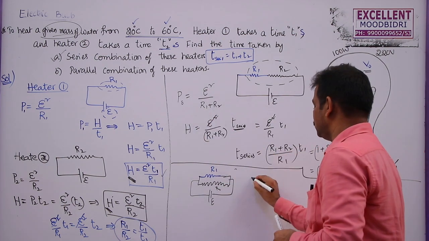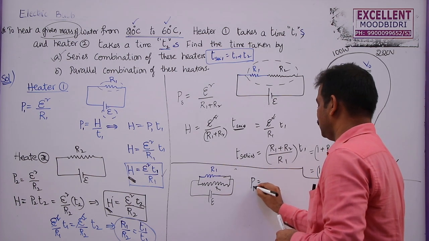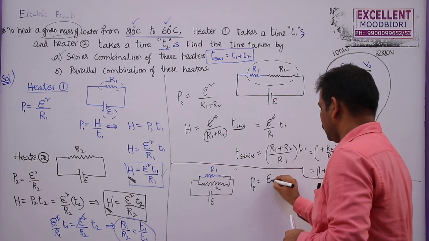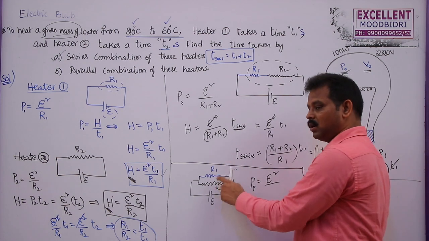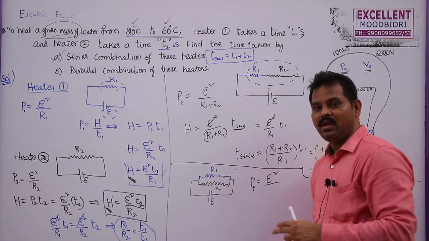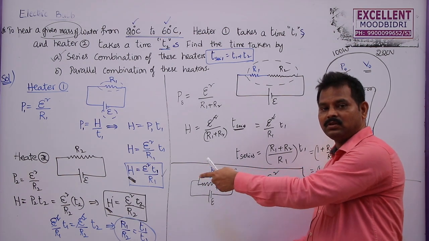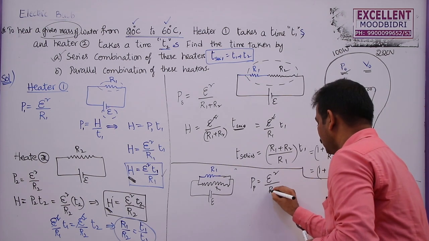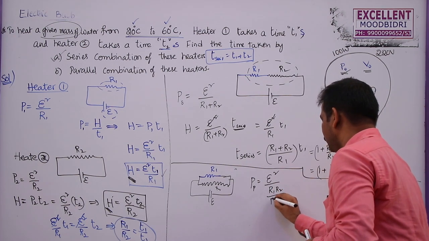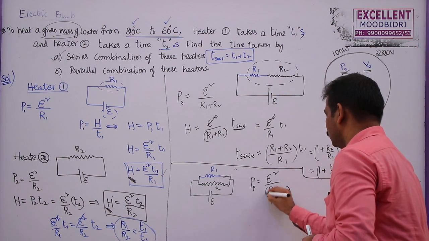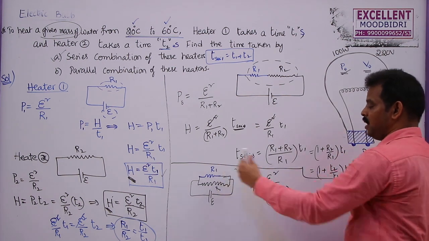The power consumed in parallel combination, I am writing P parallel, is the total EMF squared by the total resistance of this combination, which is given by the product of resistances by the sum of resistances. So this is R1 R2 by R1 plus R2. This is the total power consumed in parallel combination.